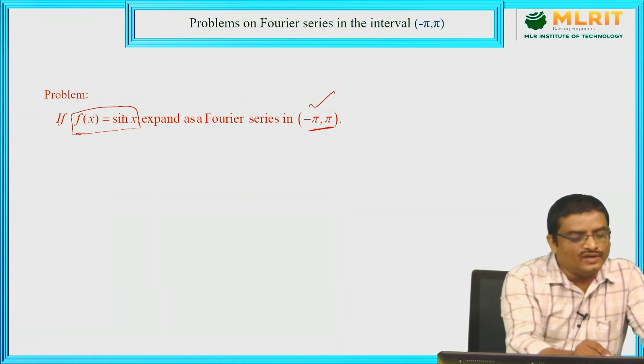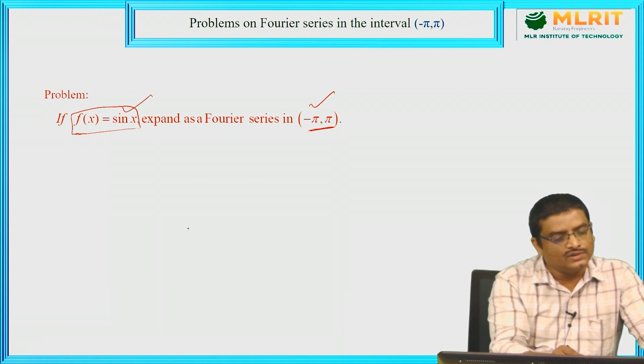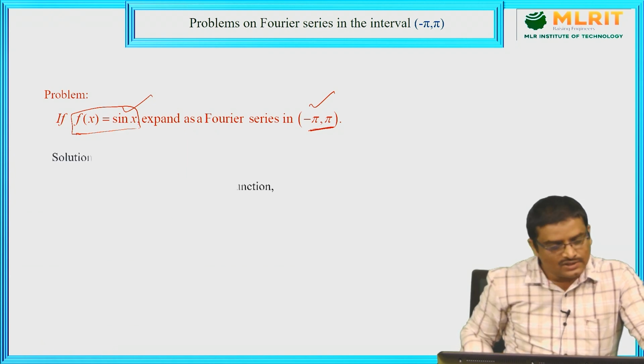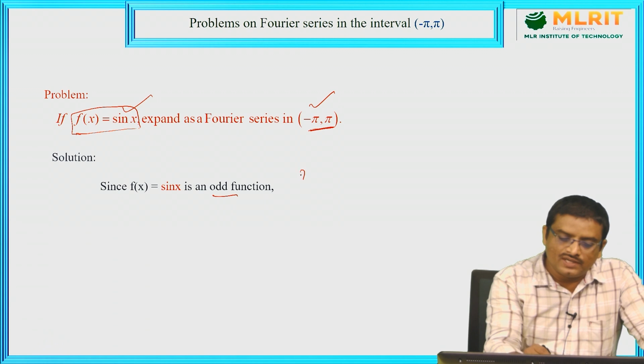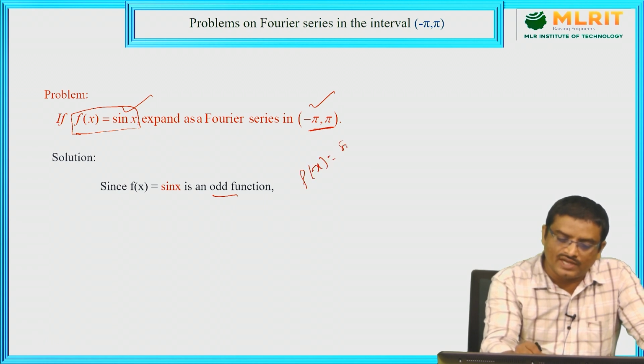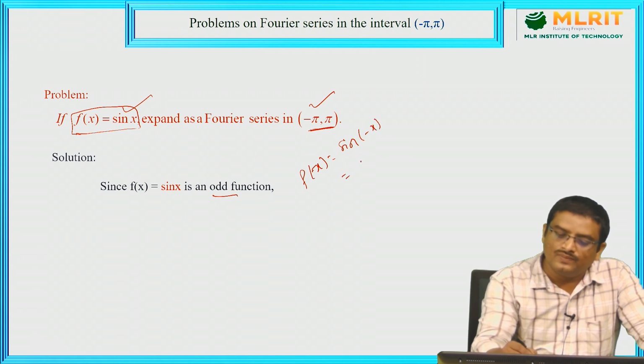Now we have the function f of x is equal to sin x. We know that sin x is an odd function, because if you replace x with minus x in the function, you will get sin of minus x. This is of the form sin of minus theta, so this can be written as minus sin x.